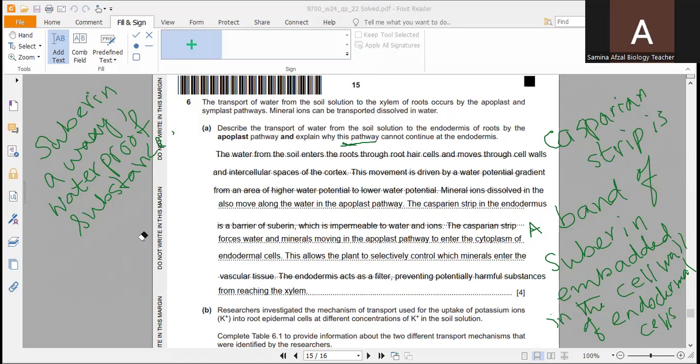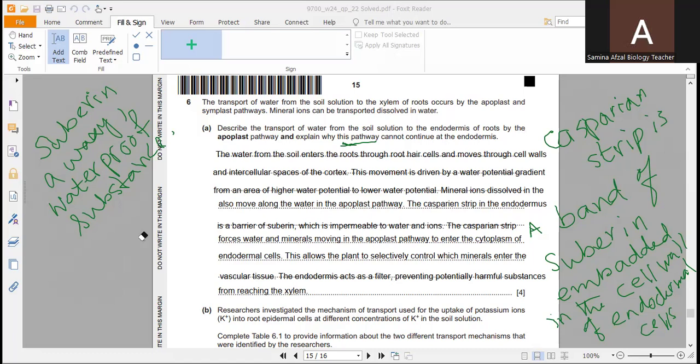The water from the soil enters the root through root hair cells and moves through the cell walls and intercellular spaces of the cortex. This movement is driven by a water potential gradient, from an area of higher water potential to lower water potential. You know, the movement of water takes place in this way.